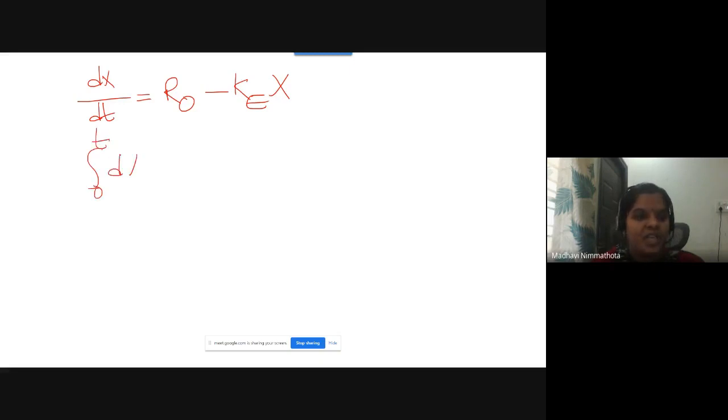dX by dt, the first equation, the rate of change in the amount of the drug in the body, equals infusion rate minus elimination rate constant into the amount of the drug available in the body. Then when you integrate this equation, integration from 0 to t of dX equals integration from 0 to t of R0 minus KeX into dt.